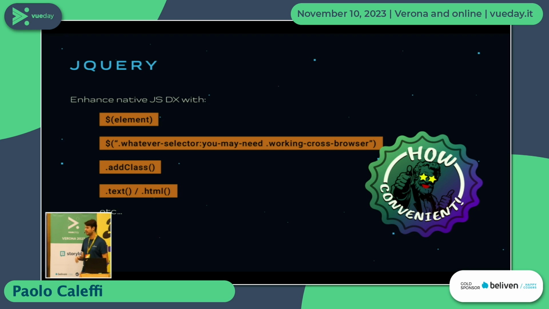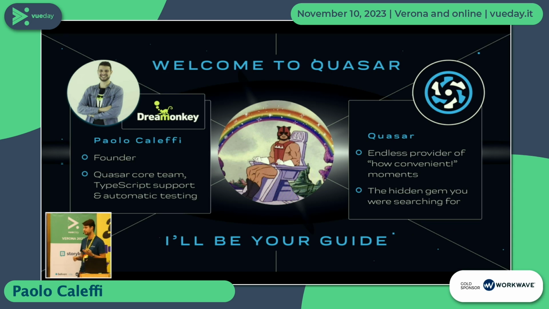And I was like, okay, this is really convenient. And I had this "how convenient" moment some other times during my developer career. Once was when I discovered Laravel, and the last time was when I discovered Quasar.